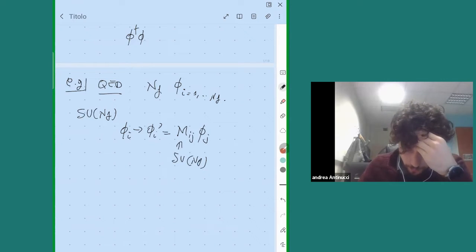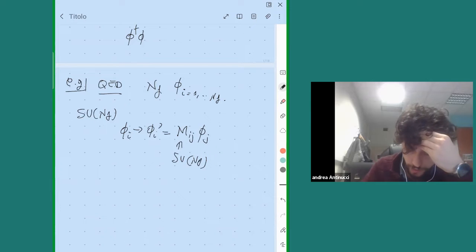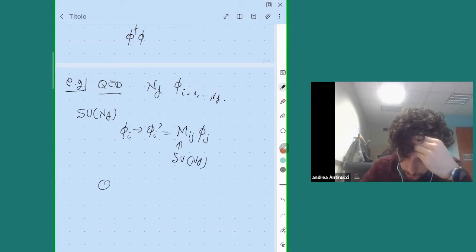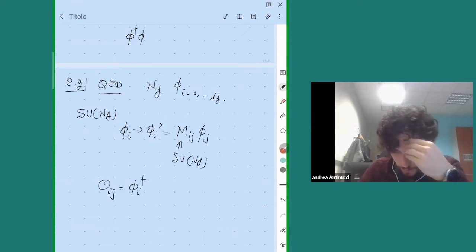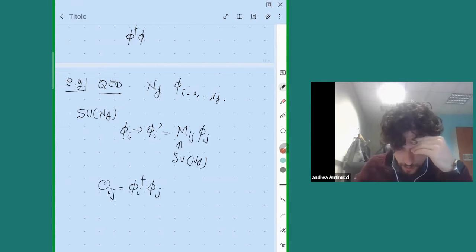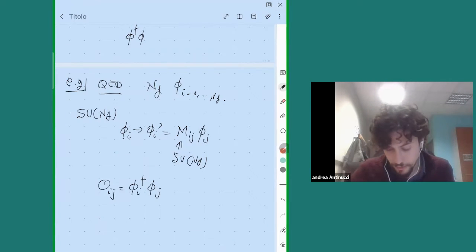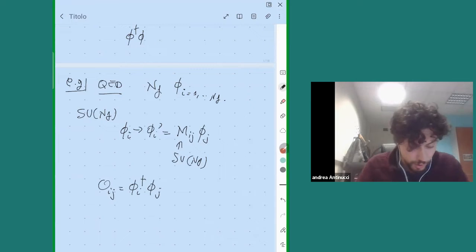But if you think about it for a while, you will realize that the only good gauge invariant operators that you can construct are bilinear in the scalar. O_IJ is phi_I dagger phi_J. These are invariant under the gauge transformations. But then you will realize that if you take a matrix M which belongs to the center of SU(NF), then these operators are uncharged.